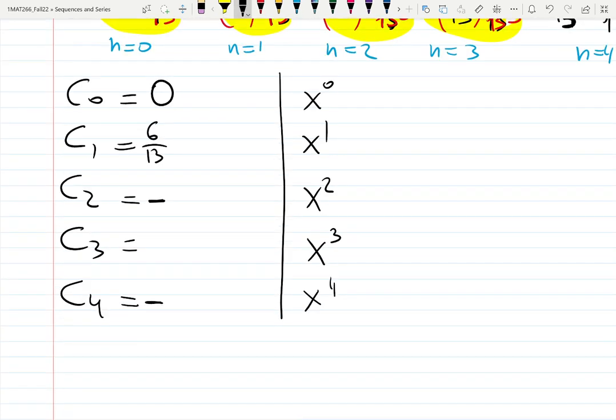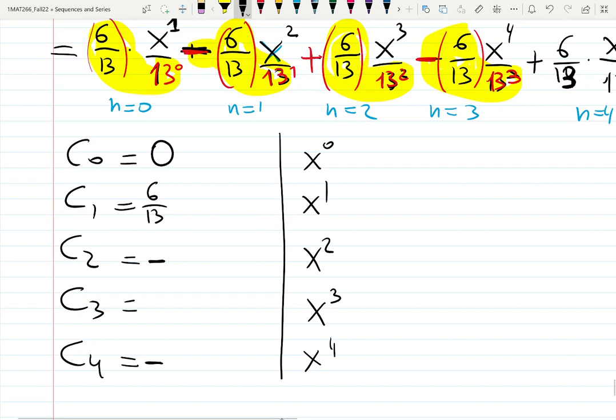Plus, minus, plus, minus. 6 over 13 times 13 plus 6 over 13 times 13 squared minus 6 over 13 times 13 cubed. You see, I keep it as a pattern. So if anyone wants to ask me now, c to the 15, I can actually figure out the pattern quickly.